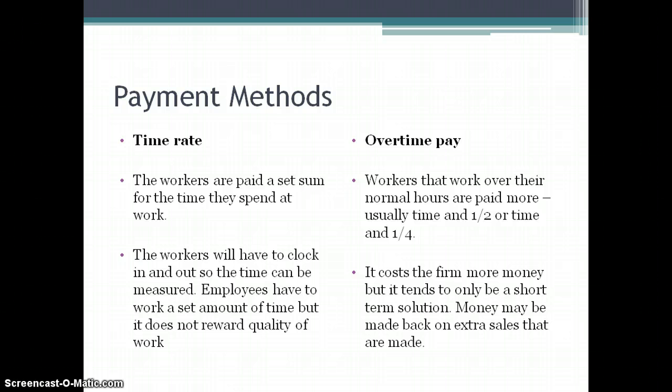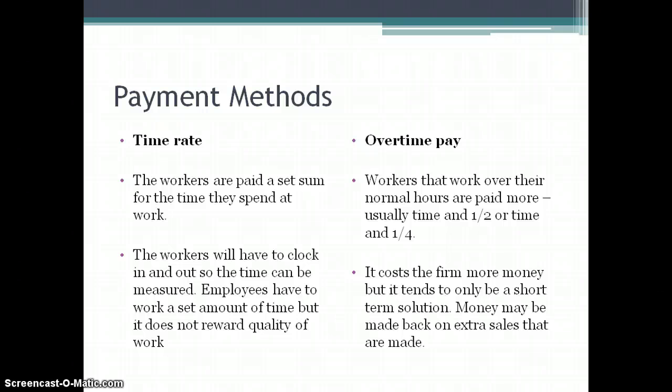Okay, now the thing with overtime is it's normally paid more than the normal time rate, and it's usually what we call time and a half or time and a quarter, which basically means if you're paid £5 an hour and your overtime is time and a half, you're paid the £5 plus another half, which in this case would be £2.50, so your overtime rate is £7.50.